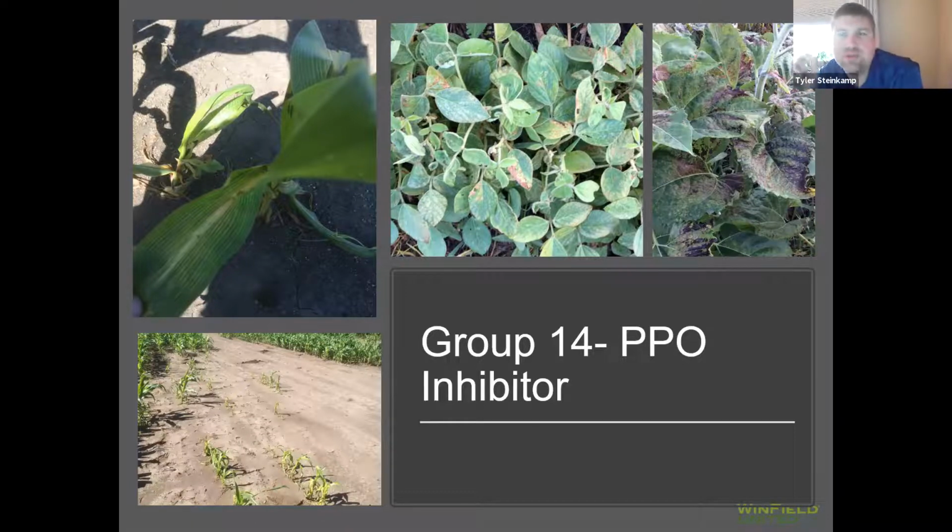The difference between this and zinc deficiency is that with zinc deficiency, the area in between the veins will be chlorotic. Okay, it's called intervenoclerosis. Whereas with a group 14, in this case Flexstar, what you're going to see is the veins themselves will be chlorotic.